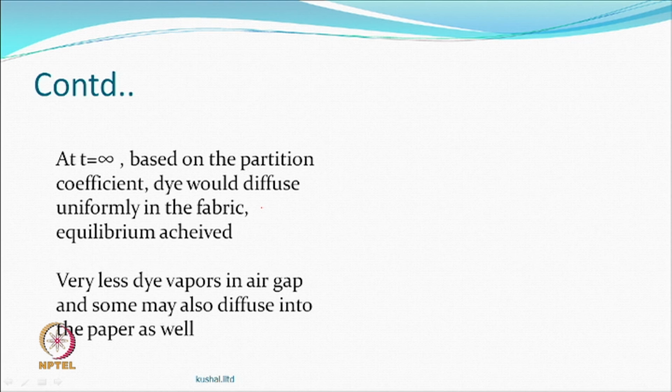We hope that the dye would diffuse uniformly in the fabric as the equilibrium is achieved, with very little dye vapor in the air gap, and some may also diffuse into the paper as well, right. So, this is a general way of describing the same thing which we tried to describe in a solution and the fiber surface.